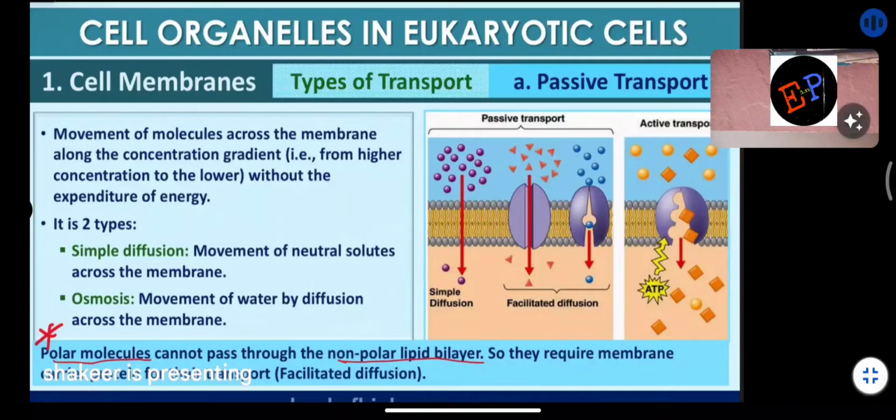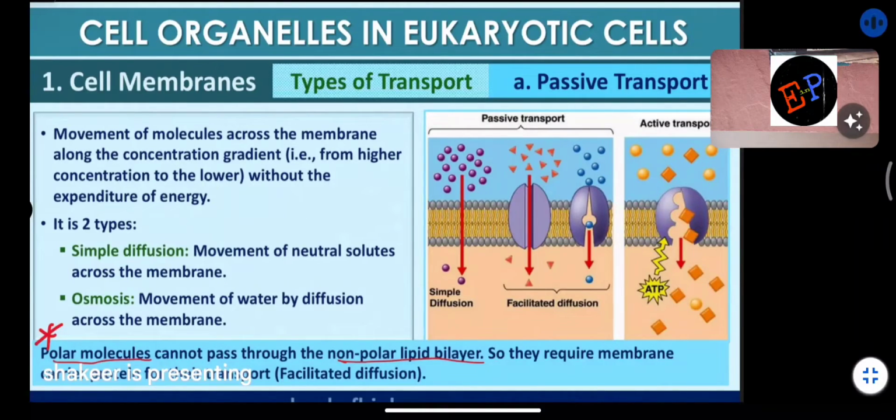Polar molecules, molecules which have some positive sign or negative sign, they are called polar molecules. These molecules cannot pass through the lipid bilayer. Okay, ma? So only the head of the lipid has some charge. No? Tails of this lipid do not have any charge. That is why they are called non-polar tails. Okay. So through these non-polar tails, polar molecules cannot travel.